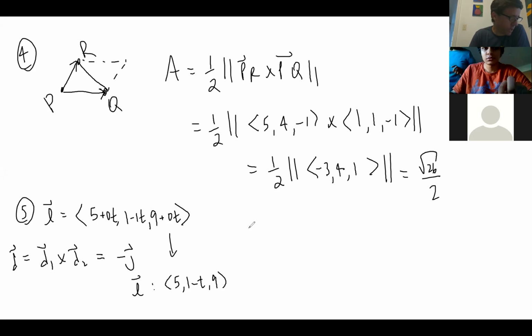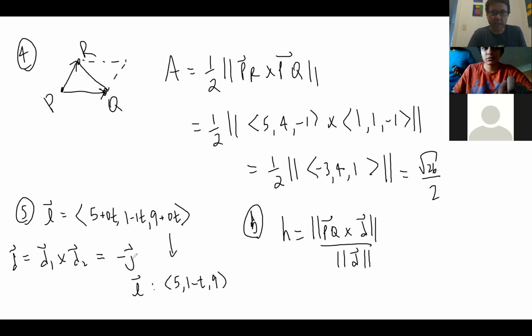Part B is distance. The distance formula says that it's PQ cross D over the length of D. And D is just minus j, so the denominator is 1. For the distance from the line to the origin, we could just pick P to be the base point.